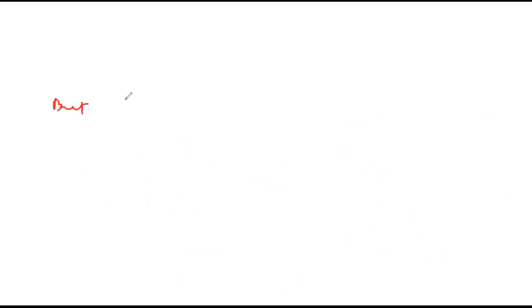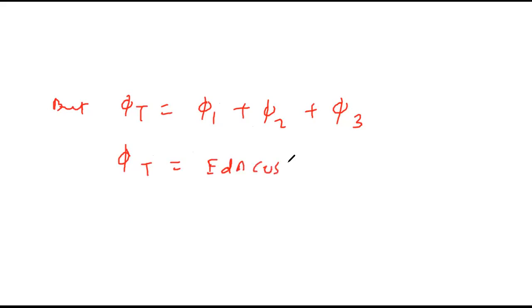But phi total is phi 1 plus phi 2 plus phi 3. See, phi 1 and 2 are plane surfaces. So from the plane surfaces we get integration of E dA cos 0 plus integration of E dA cos 0 plus phi 3 equal to 0. Nothing comes from the curved surface because E and A will become perpendicular.